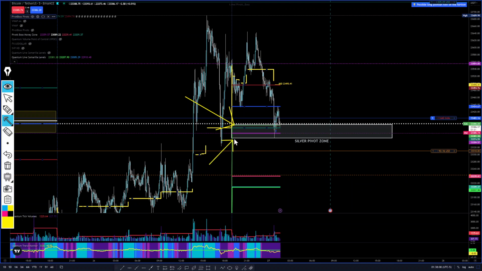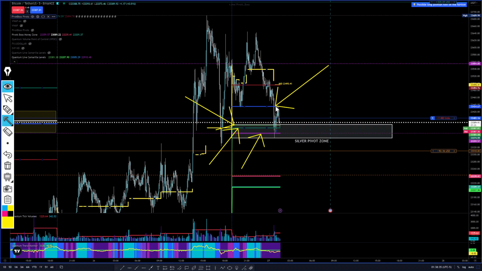Right now, this is the bottom central pivot zone. This darker green line right here, and this purple line is the value area high of the money zone. This cluster of pivot levels does not have the pivot level in it, so it's technically not a golden pivot zone.